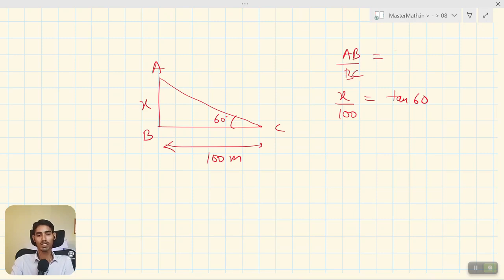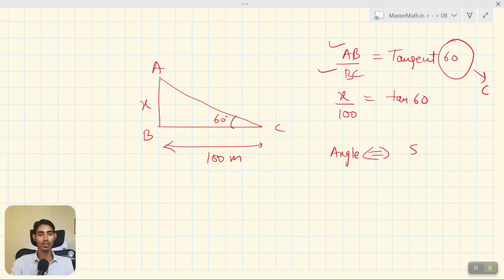We will be discussing this formula. Don't worry about the formula right now. Just understand that there is something called a trigonometric ratio which connects this angle, this is C, with these sides ratio. This is the only thing you need to be aware of as of now. So the angle is related to two sides ratio. Now you can find x is going to be 200 again.